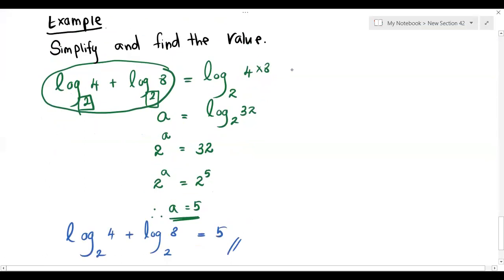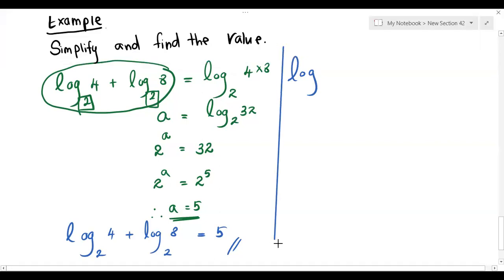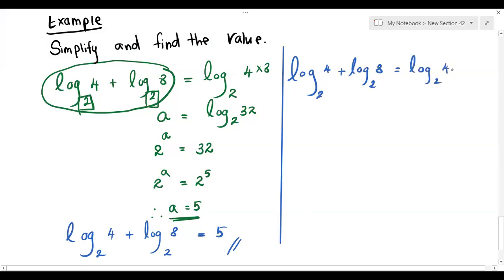But if you find the answer another way, the other method, you should know another law. Here we express 32 as a power of 2.